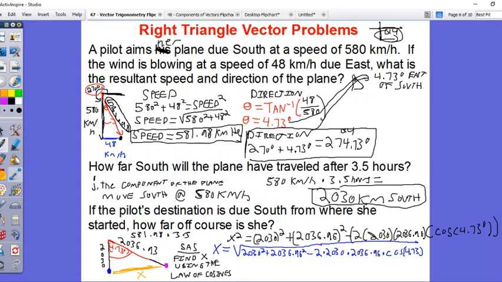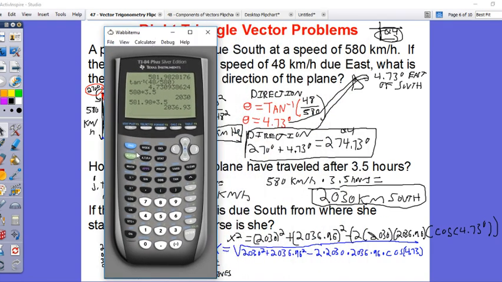So I get my calculator and find the square root of 2030 squared plus 2036.96 squared minus 2 times, let's put things in parentheses, 2 times 2030 times 2036.96 times the cosine of 4.73.